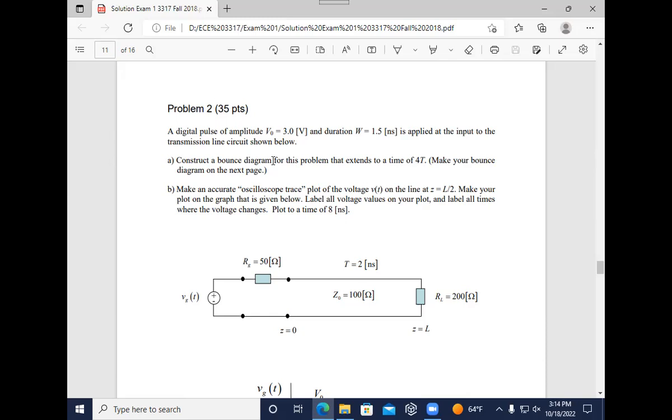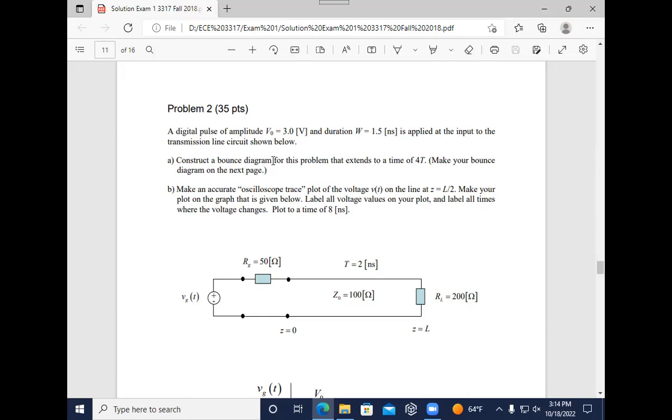We don't even need to do that in this problem. In the oscilloscope trace, you just plot versus time what the oscilloscope would show for the step function, and then subtract from that the shifted response. There's no need to do a second bounce diagram when you make an oscilloscope trace.